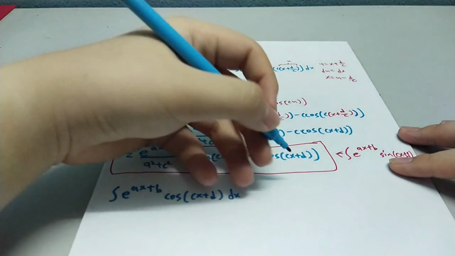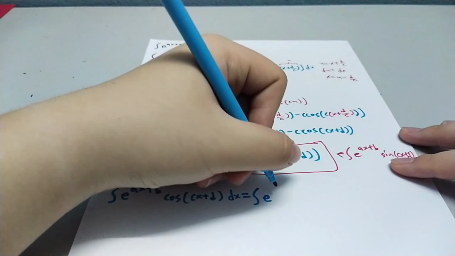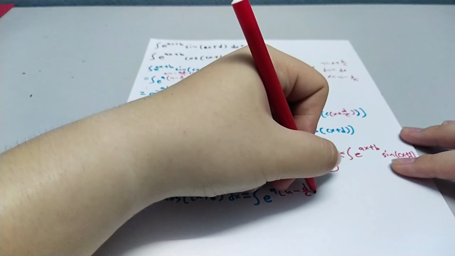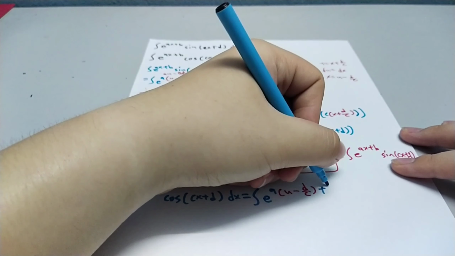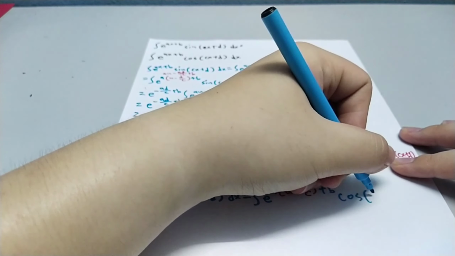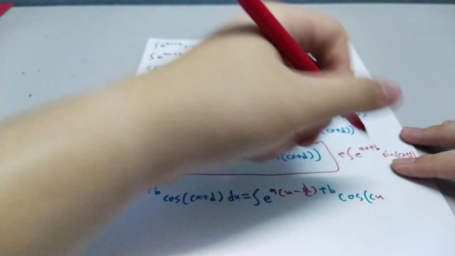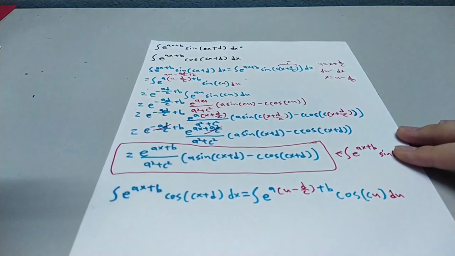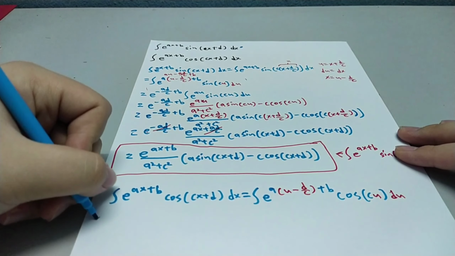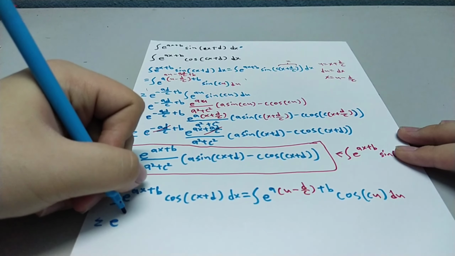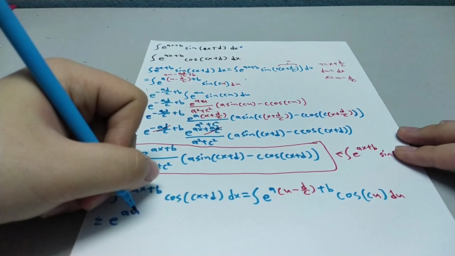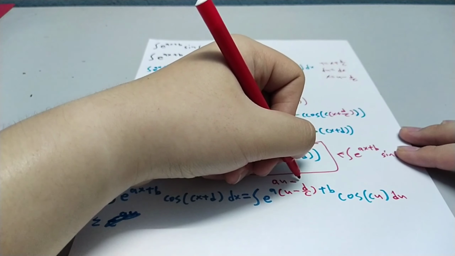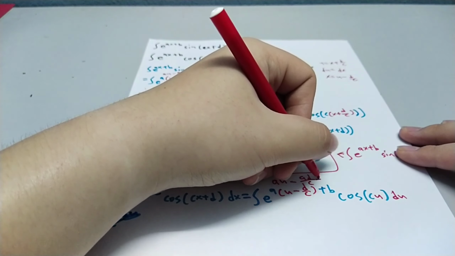So this integral is going to be equal to the integral of e power of a times u minus d over c plus b times cosine of cu du, which is equal to, when we expand this, e power of au minus ad over c plus b.